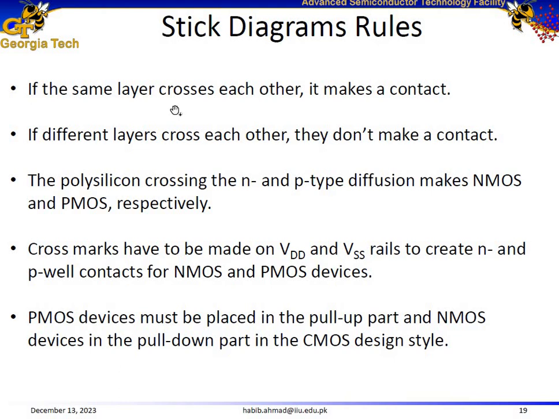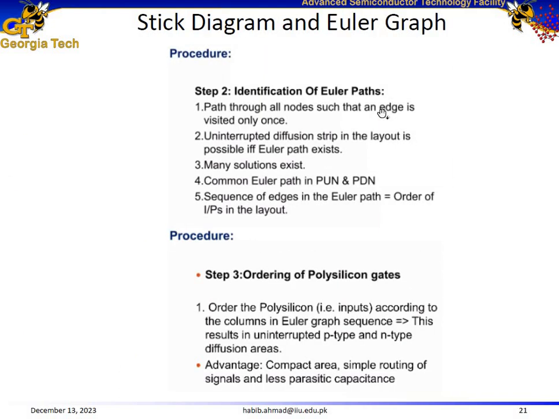According to the rules of the stick diagram, if the same layer crosses each other, it makes a contact. There are different layers: polysilicon layers, the diffusion layers. Similarly, we have wiring or conductors. So if the same layer crosses each other, it makes a contact.